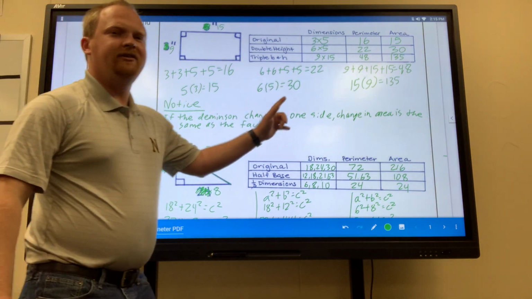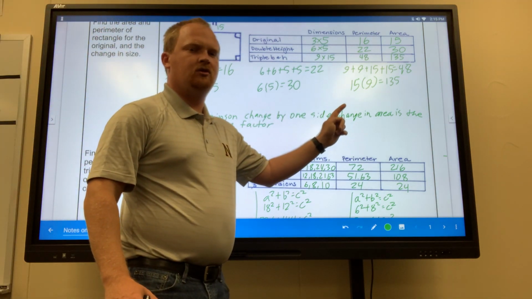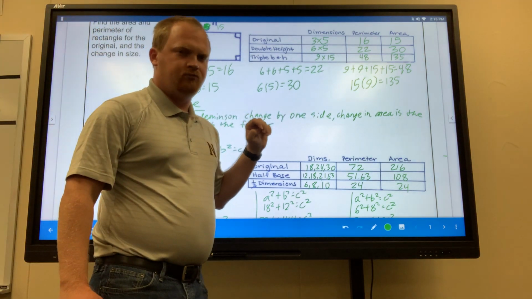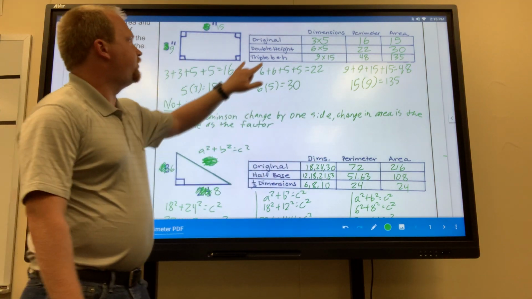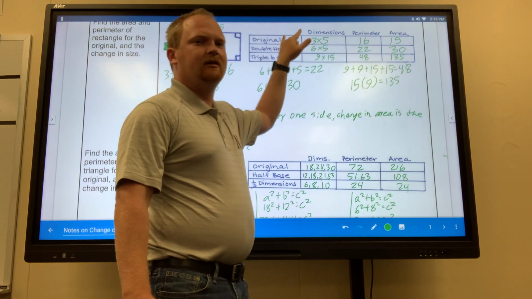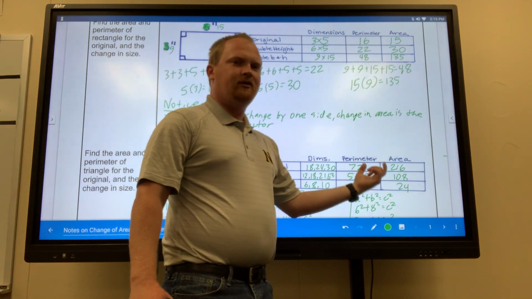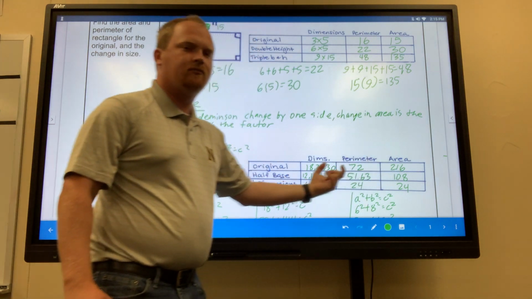Okay, so if one side changes, then the area is changed by the same factor. So for example, if I double the height, I double the area. If I take half of the base, I take half of the area.